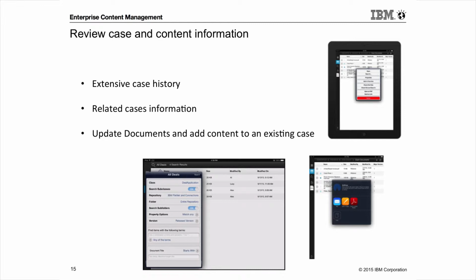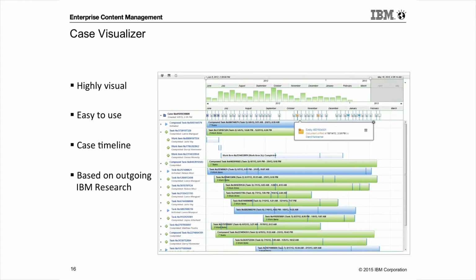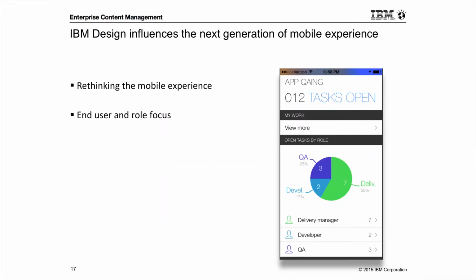The history of the case is all kept. The case information outlives the case itself, and all the documents are stored in a content management repository. The case visualizer is a technology that came from IBM research and is evolving, and it will allow us to provide feedback and quick information to the end users.